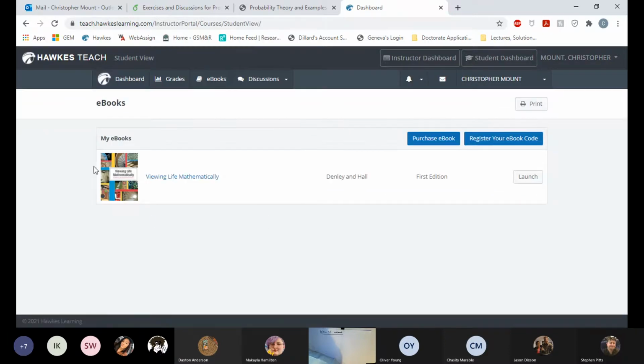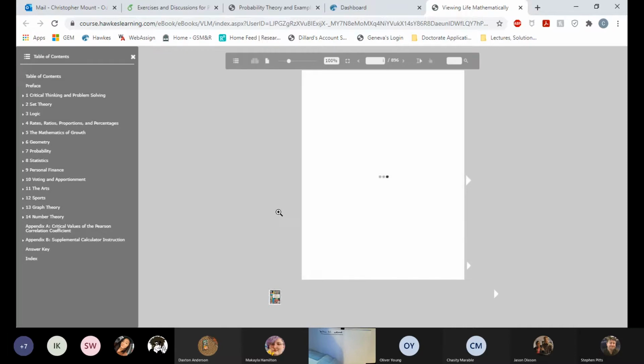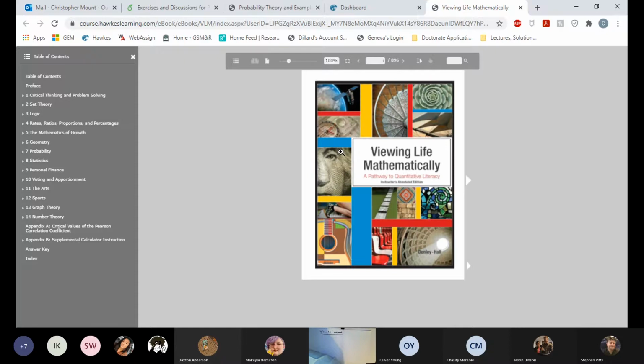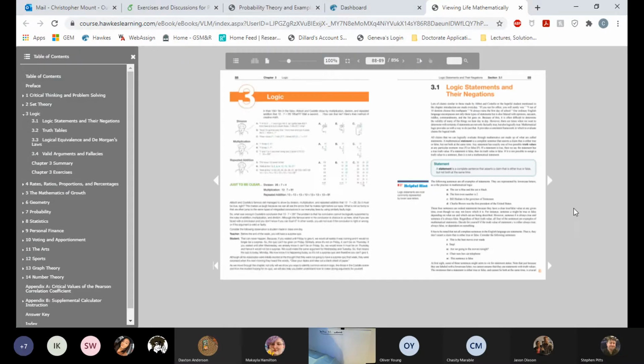Most of you probably only have the one textbook, and you can either click here or click launch. I'm going to go to the homework for section 3.1 because there's a string of exercises I'd like to go through. So I'll go to chapter 3, hit 3.1, and then flip through.